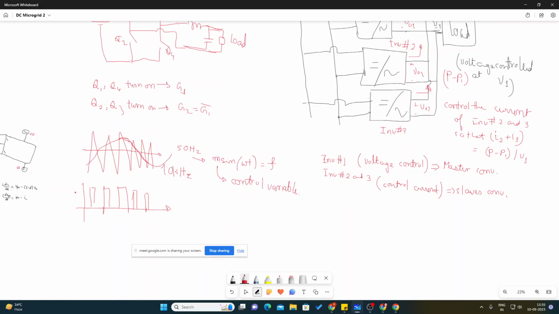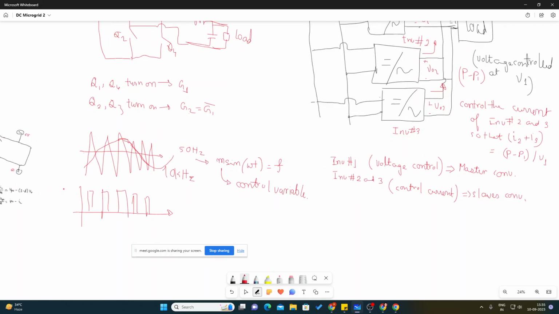So this comparison gives me these pulses, and let's suppose this is G1. So G1 is given to Q1 and Q4, and G1 dash, which is G2, the complementary pulses, are given to Q2 and Q3, and hence we will get a square pulse of varying thickness like this.